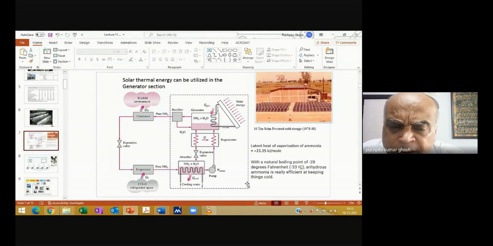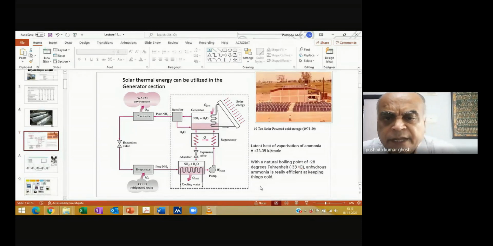There are also many other refrigeration cycles. I've only shown you the ammonia water, where ammonia is the refrigerant and water is the absorber. That's why it's called a vapor absorption refrigeration system, because the vapors of ammonia are being absorbed by the water.